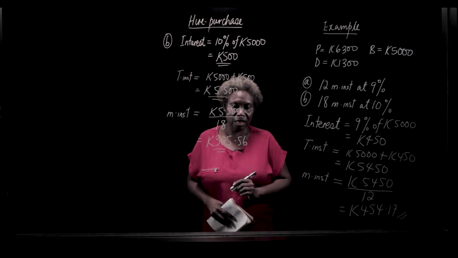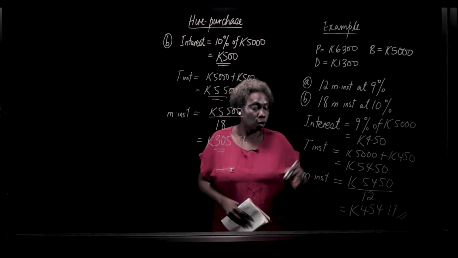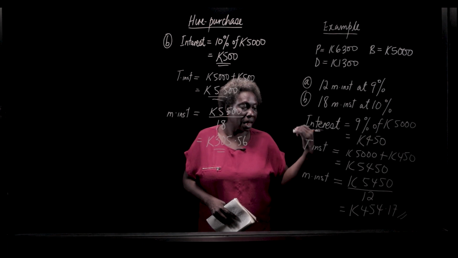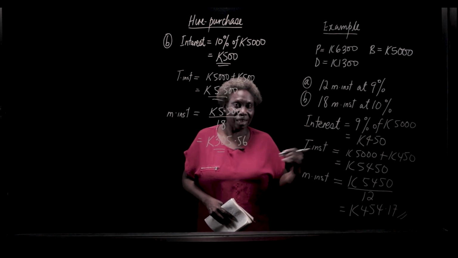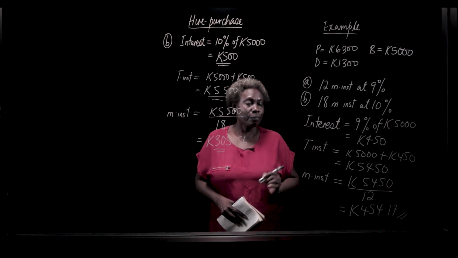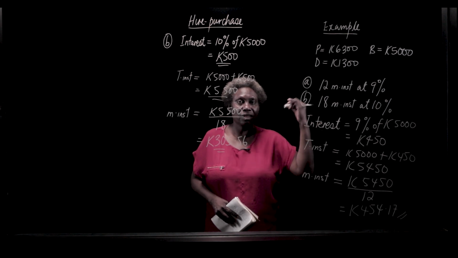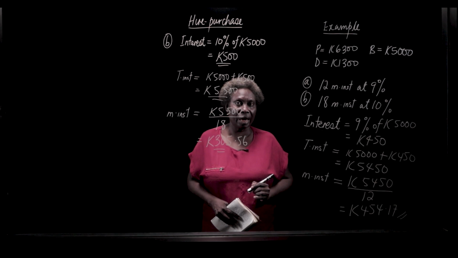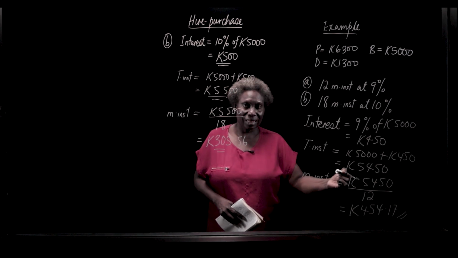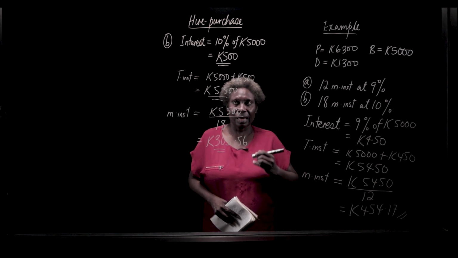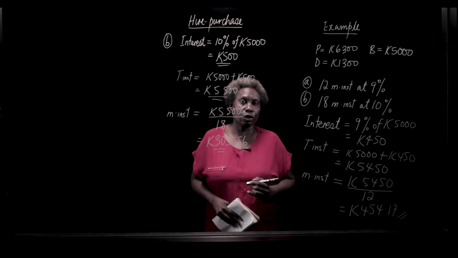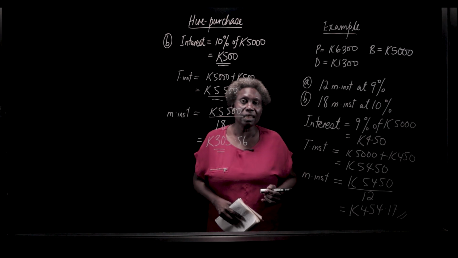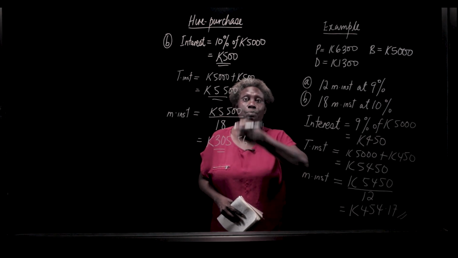He is going to pay less monthly, 305 kina 56 toya over 18 months, than for 12 months, which is 454 kina 17 toya. But the difference is that when he is paying over a shorter period of time, the interest he pays is less. When he is paying over a longer period of time, he pays less on a monthly basis, but the interest that he pays is more.